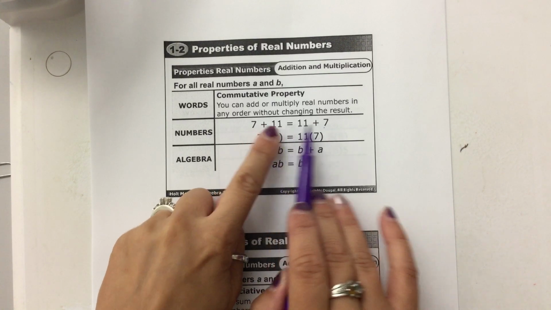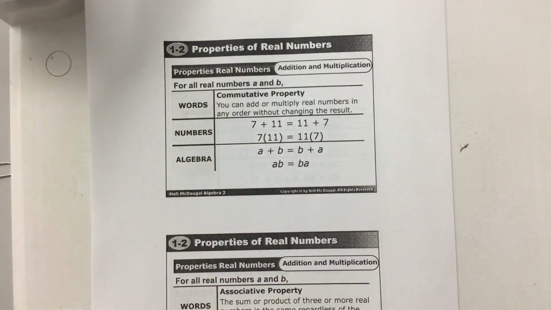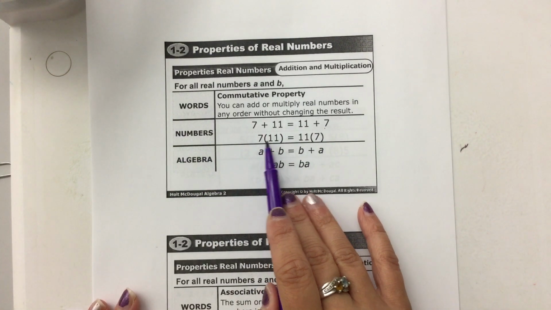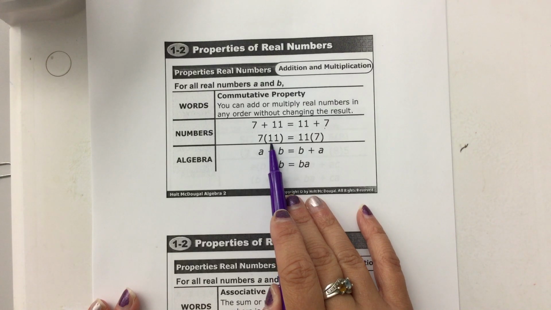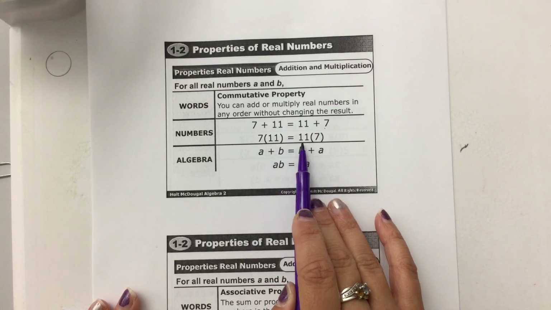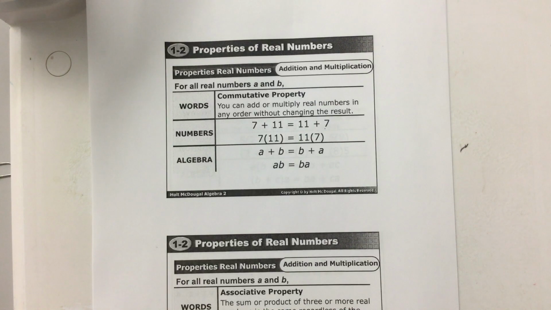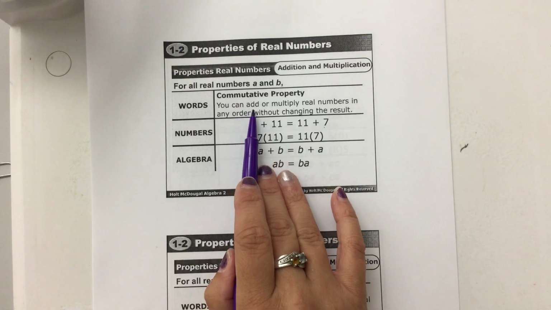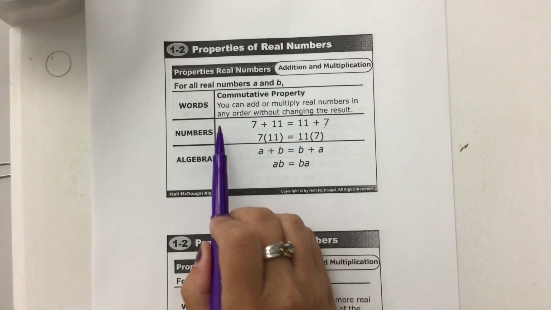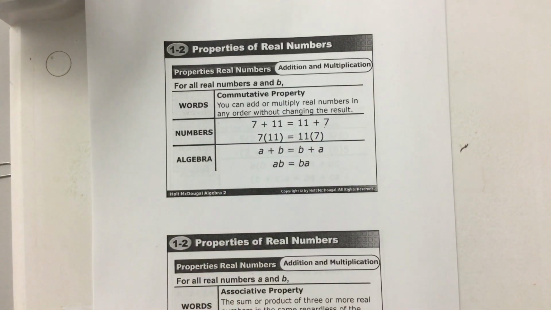As long as you were taking those 2 numbers and adding them together, the result was still 18. Same thing works with multiplying. 7 times 11 is 77. Well, if I change the order and it's 11 times 7, it's still 77. So the commutative property says you can add or multiply in any order without changing the result.